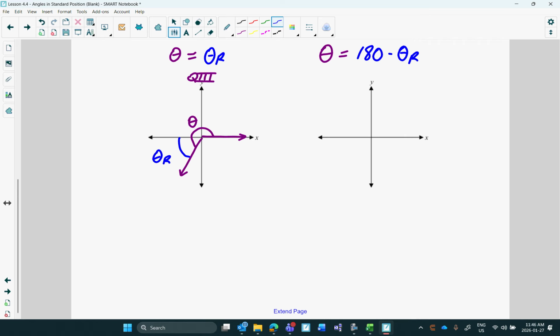Because if this is 220, and I know from here to here is 180, then this must be the difference between 220 and 180, which is 40. So to find the reference angle in quadrant 3, you have to take the actual angle minus 180. Don't confuse that with quadrant 2.